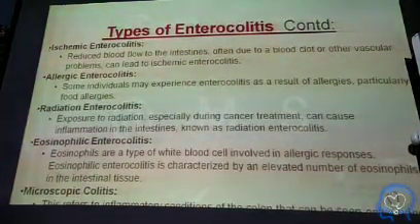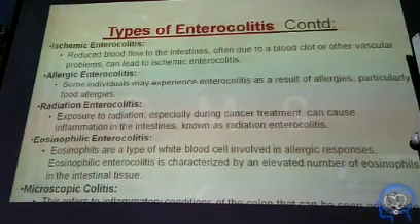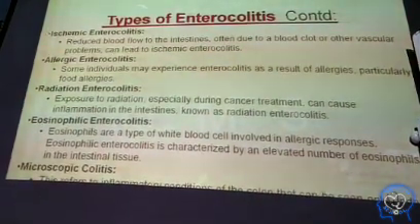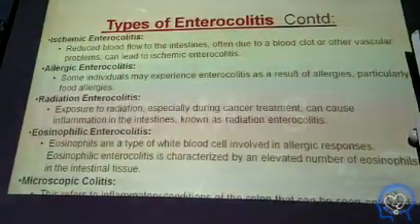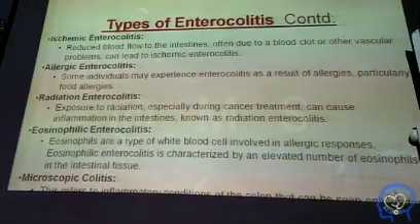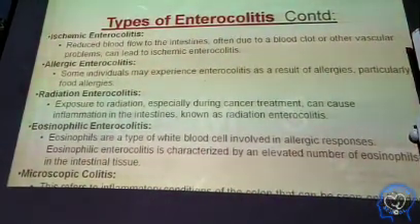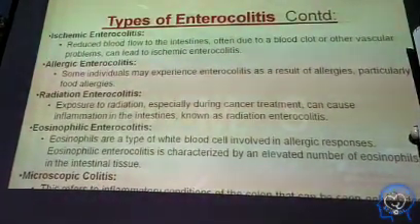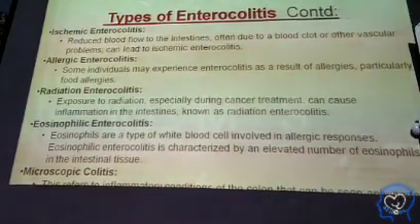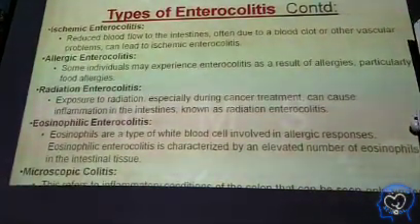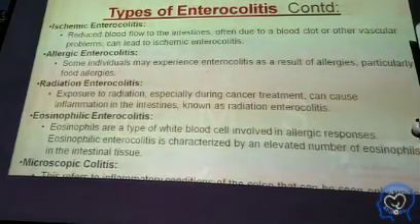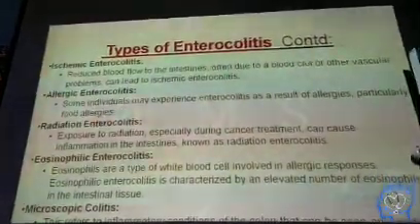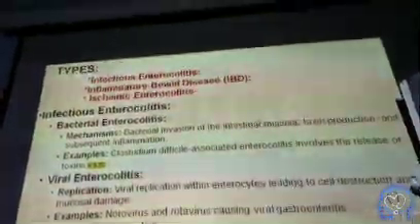Other types of enterocolitis are ischemic enterocolitis, allergic due to some hypersensitivity reaction to some food, and radiation enterocolitis after exposure to X-rays and CT scans, etc. Eosinophilic is again the allergic type, a microscopic case.